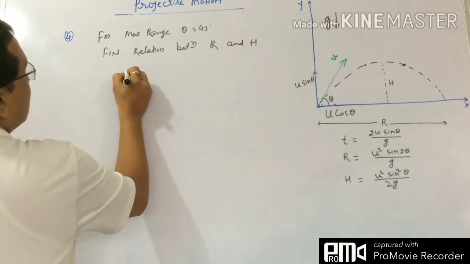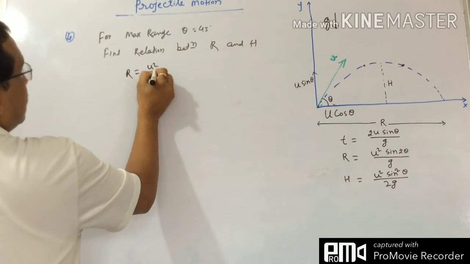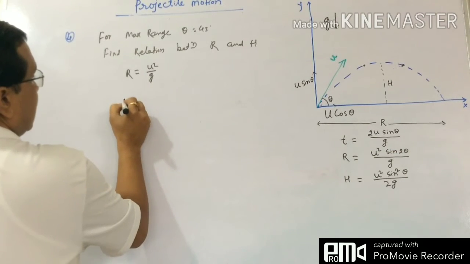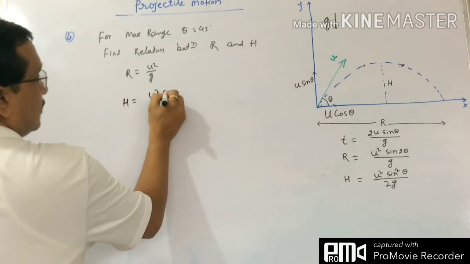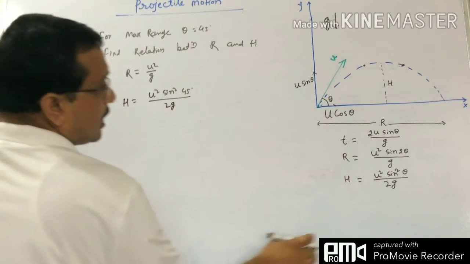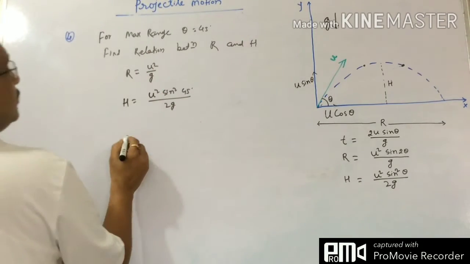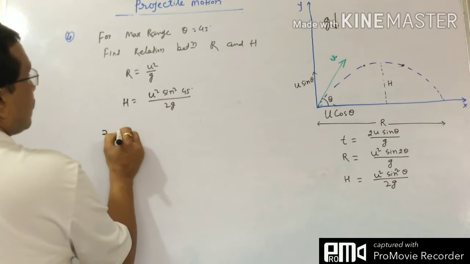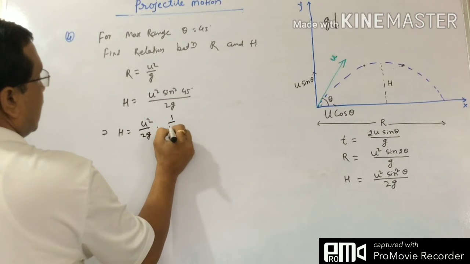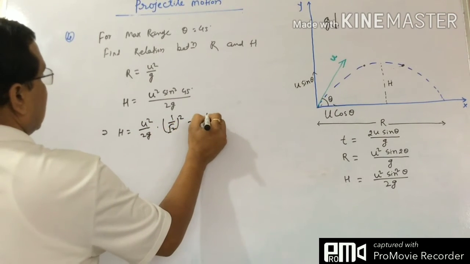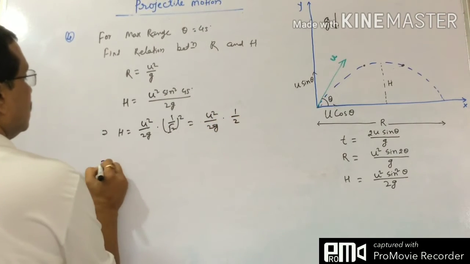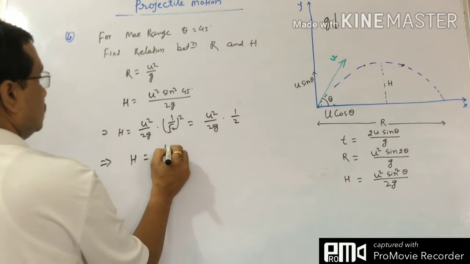So when theta equals 45 degree, R equals U square upon G, because sine 2 theta equals 1. But what does H equal? H equals U square sin square 45 degree upon 2G. Now what is the value of sin 45? 1 by root 2. So H equals U square by 2G into 1 by root 2 square, meaning U square by 2G into 1 by 2, that implies H equals U square by 4G.